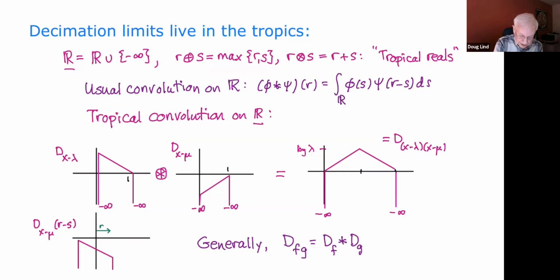And so you would replace the integral by the sup over s. Then multiplication corresponds in tropical terms to addition. And so it's the sup of phi of s plus psi of r minus s. And that's the tropical convolution, phi star circle psi at r.